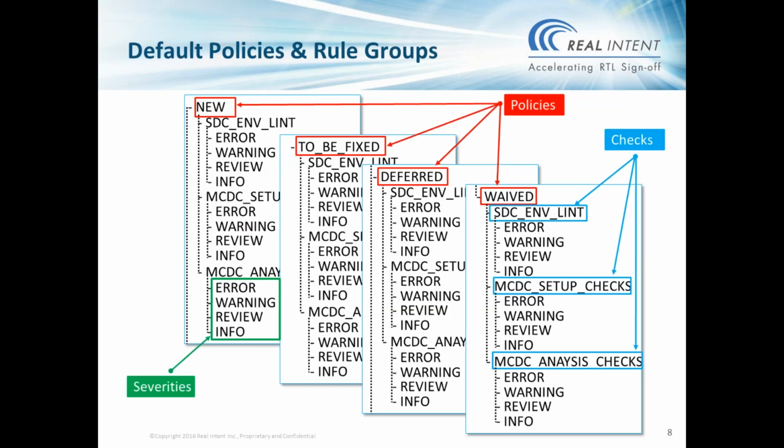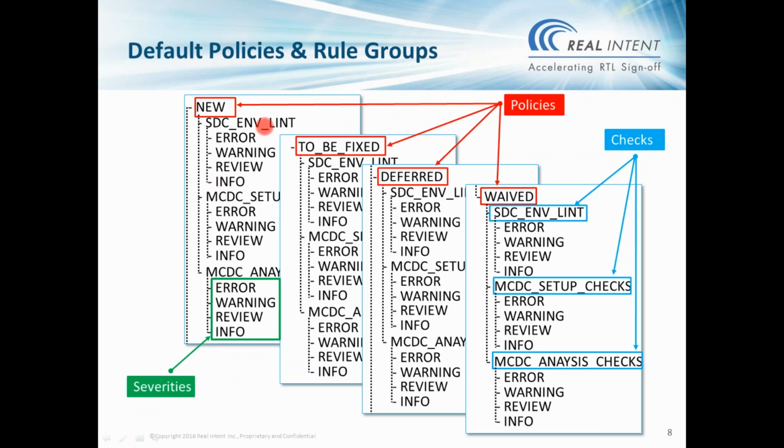Now, in terms of the default policies, the default policy normally is the new policy. All new violations appear in the new policy, and there are different categories of SDC, NV-lint, MDC setup checks, MDC analysis checks, etc. Each of these different check categories has a set of different severities of error, warning, review, and info.